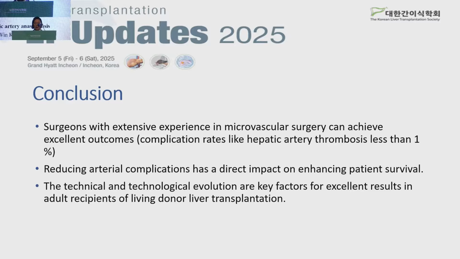Surgeons with extensive experience in microvascular surgery can achieve excellent outcomes. Reducing arterial complications has a direct impact on enhancing patient survival. The technique and technology evolution are key factors for excellent results in adult recipients of living donor transplantation.